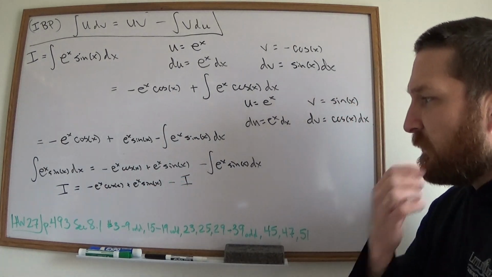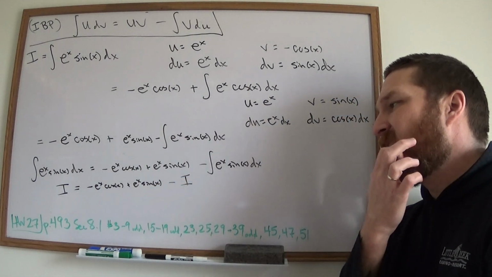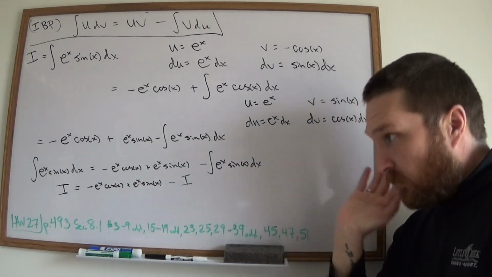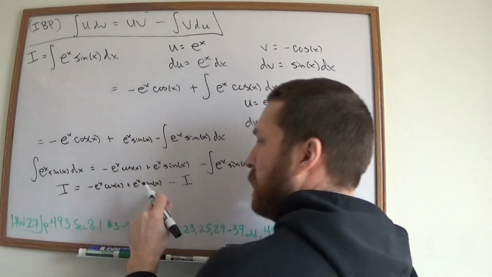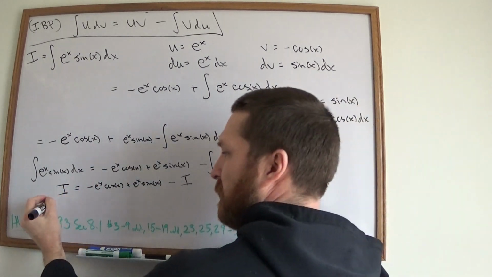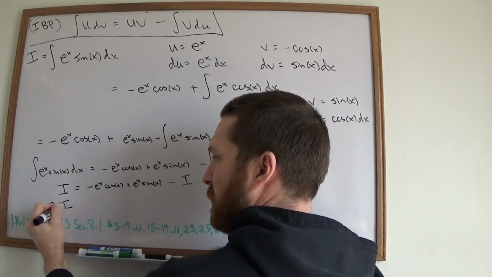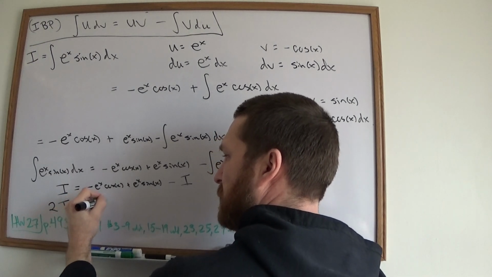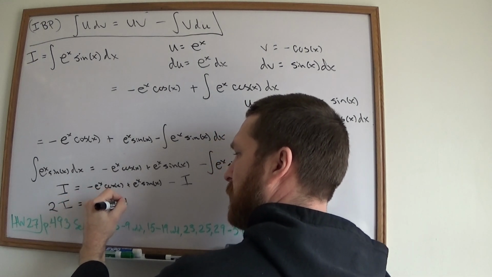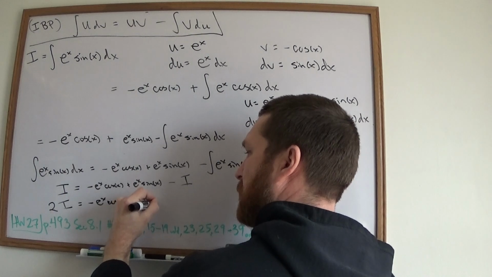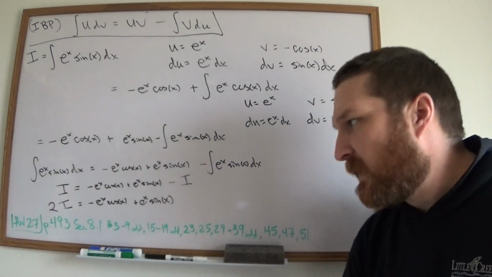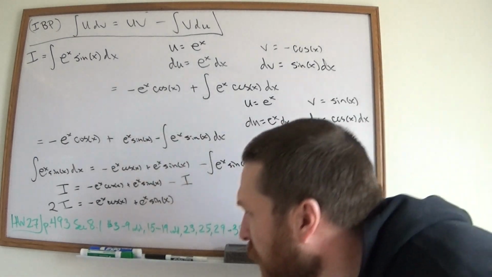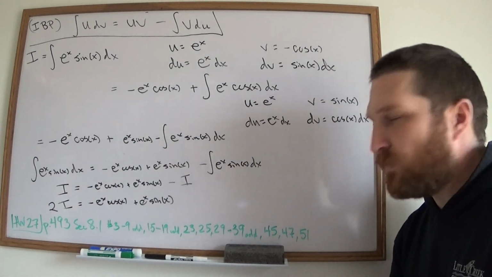If I told you to solve for I, what would you do? You'd probably say, well, let's get all the I's on one side, so I'll add him over here. So that's I plus I, or in other words, 2I is equal to minus e to the x cosine plus e to the x sine. And we want to get I by itself. So it looks like we're going to have to divide by 2.